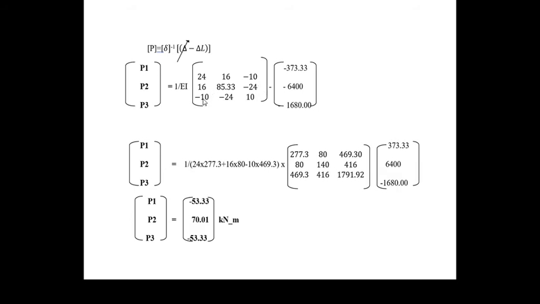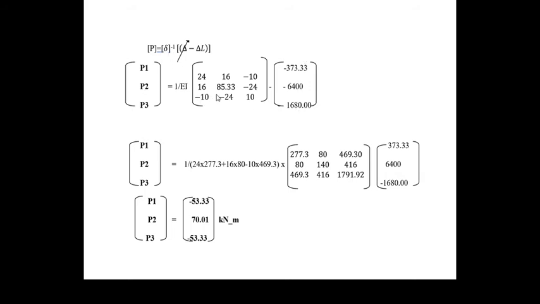We substitute here small delta 31, small delta 32, small delta 33. These are the values we substitute here, and capital delta 1 L here is minus 373.33, here delta 2 L is minus 6400, and here delta 3 L is minus 1680. We are getting this value.